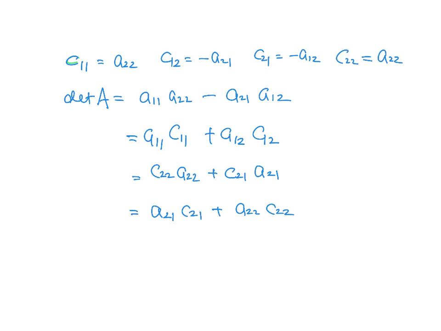So in general, the determinant of A can be written as a sum over k equal to 1 to 2 of A1k C1k, right? Or the same, sum over k equal to 1 to 2 of A2k C2k.